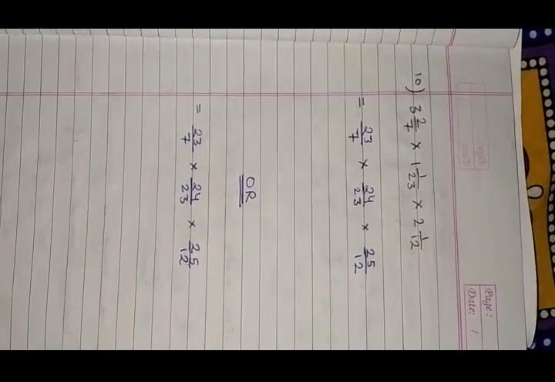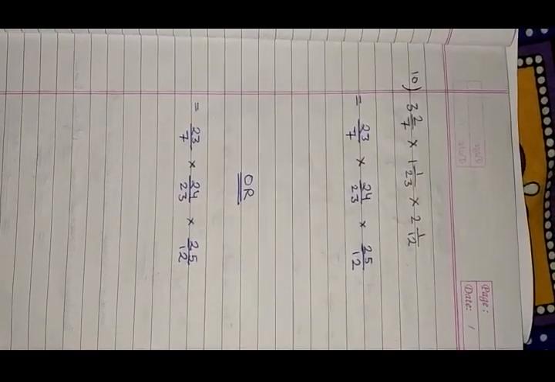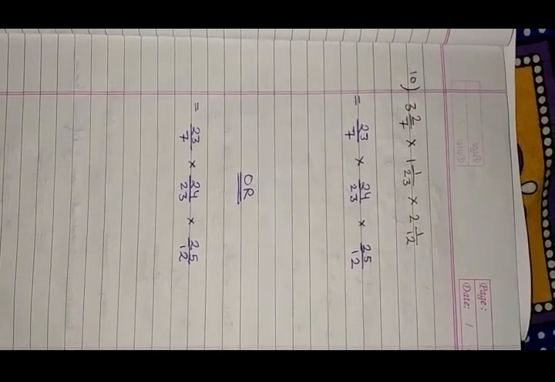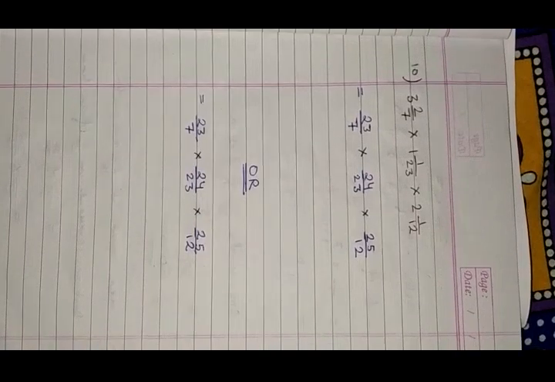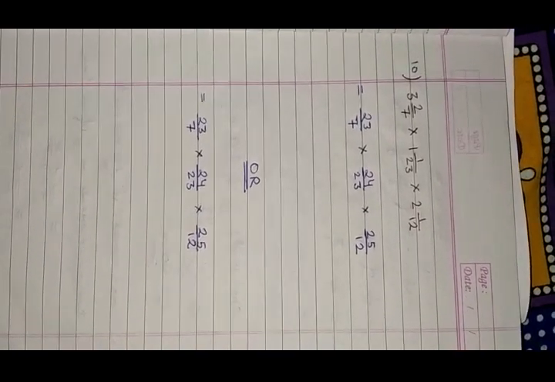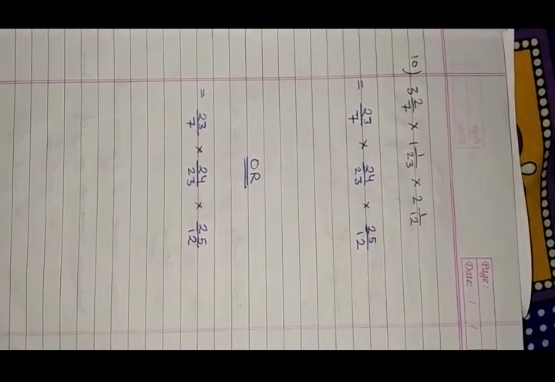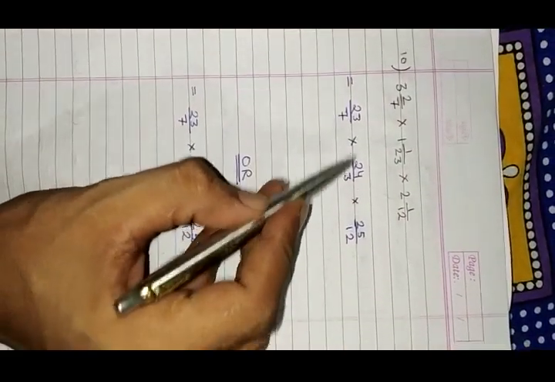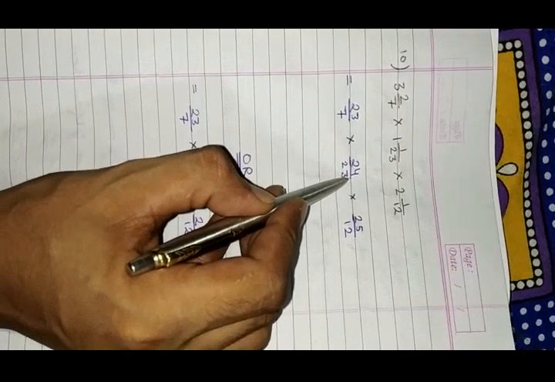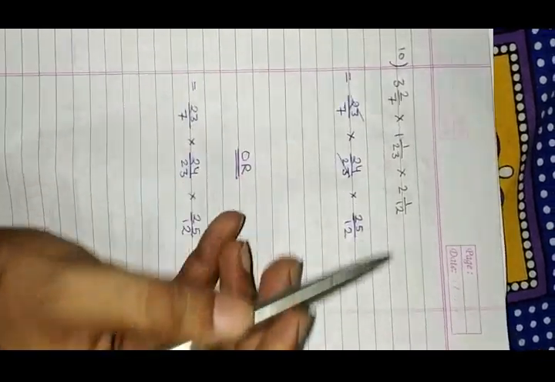Question number 10, 3 2 by 7 into 1 1 upon 23 into 2 1 upon 12. Convert into improper fractions, 23 by 7 into 24 by 23 into 25 upon 12. 23 and 23 are the same in numerator and denominator, so cancel out these two numbers.